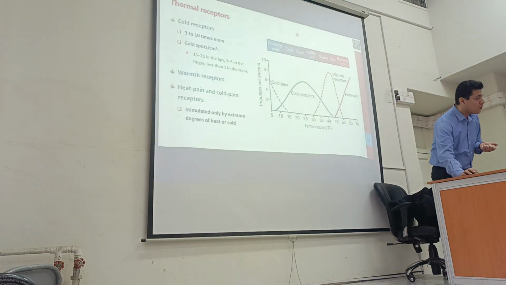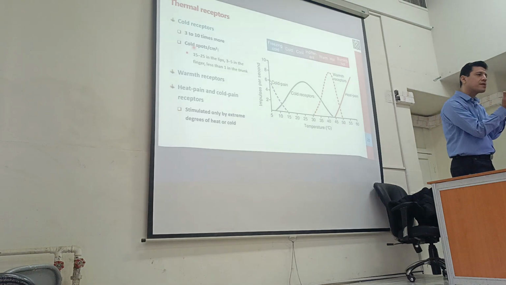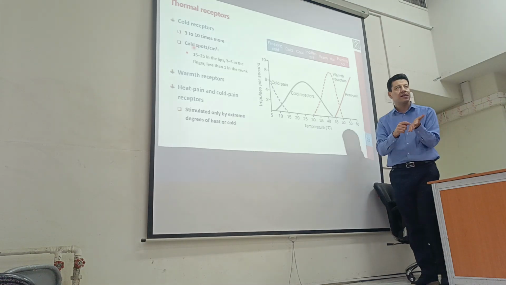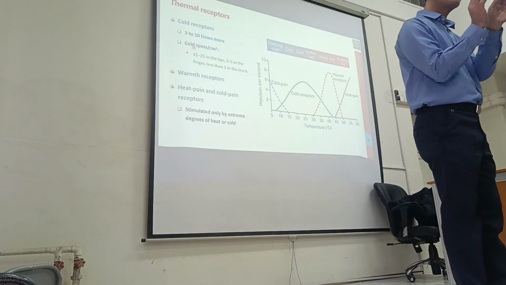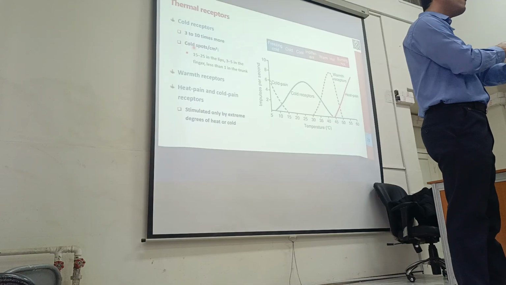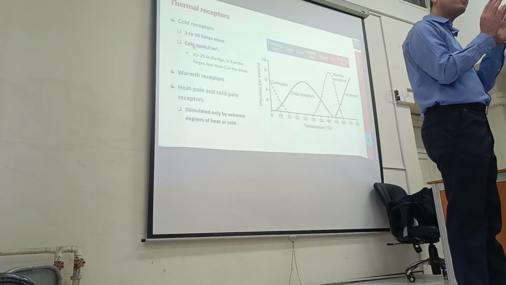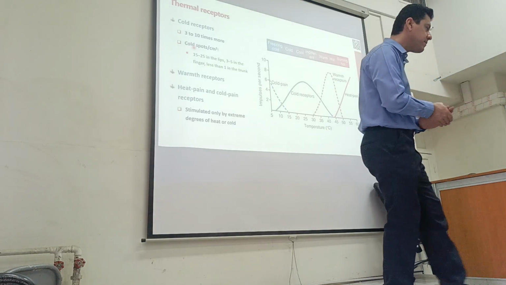So cold receptors are collected together in cold spots. So in the skin we have some spots, some points that have collections of cold receptors. We have warmth spots that are collections of warmth receptors, right?